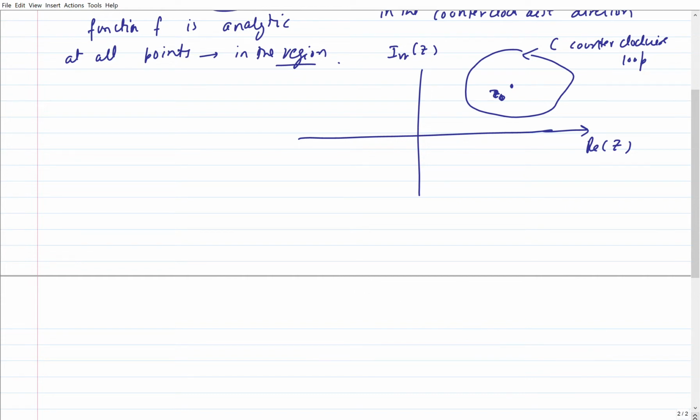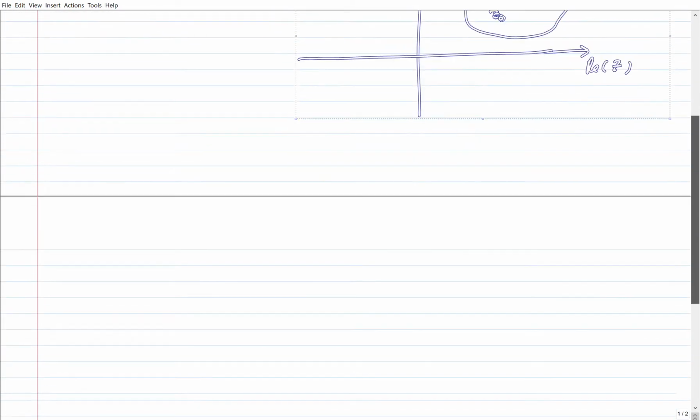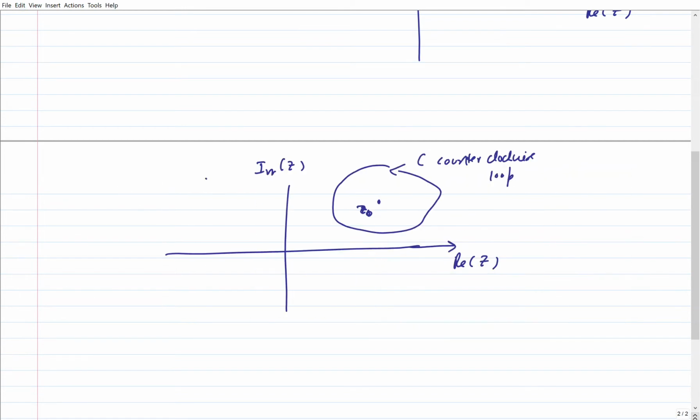So in this contour, I'll just redraw this by imagining this contour.